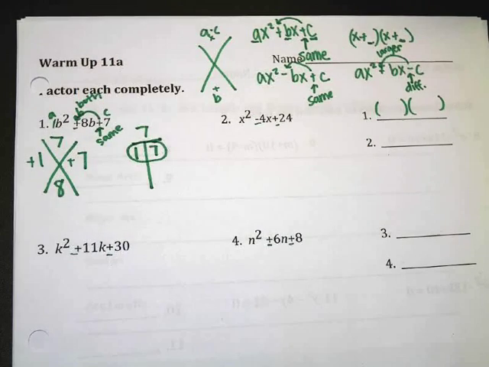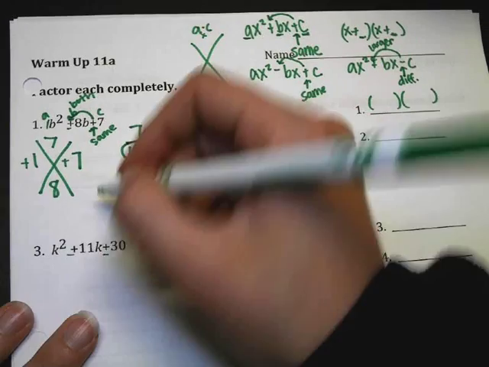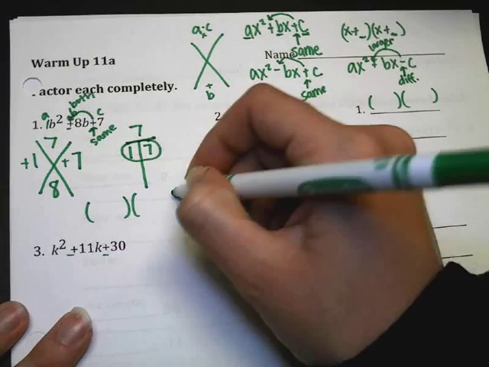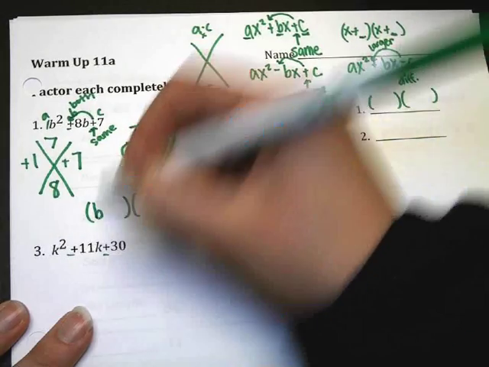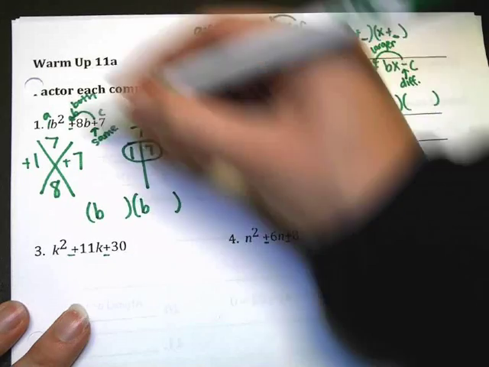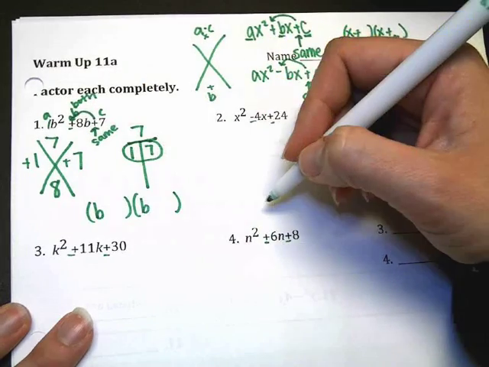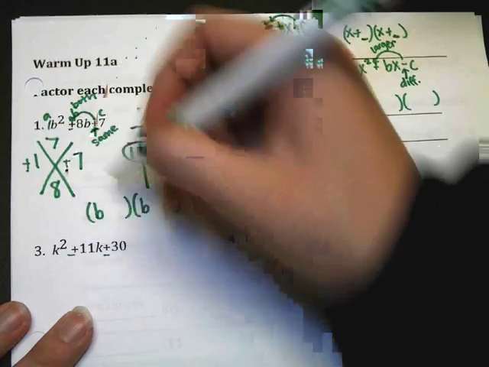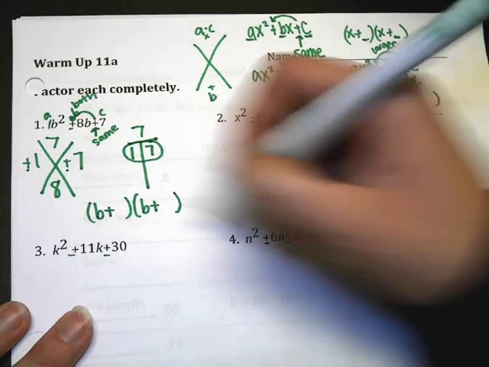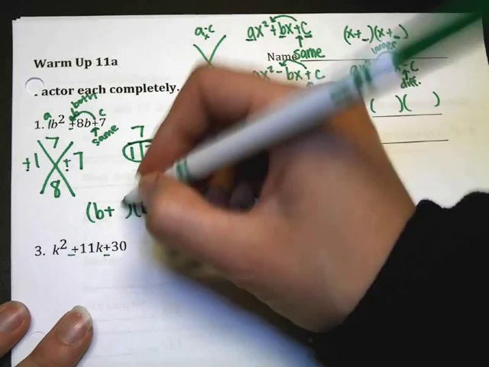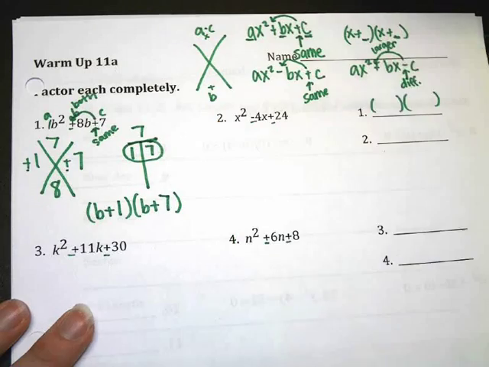It's a pretty simple one, but I just wanted to show you the steps that I'll take as I get the answers. So you would break it into your parentheses. b times b is the b squared in the front. Then I know that both of my signs are pluses. And then my two factors are 1 and 7.